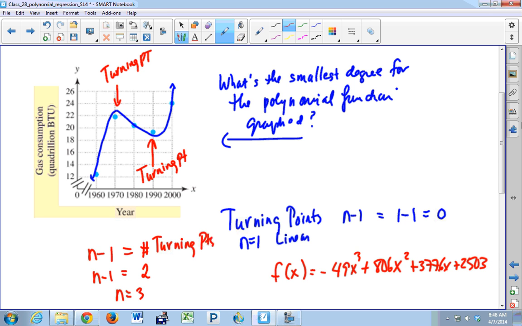So I don't know if this really is the polynomial regression, the best model for it. That's what we worked with in Wednesday's class. So I might have to throw this back into my calculator while you're all working and see if I made a mistake here. But if I asked you what would be the smallest degree, you count the number of turning points, and that's how you get your answer.